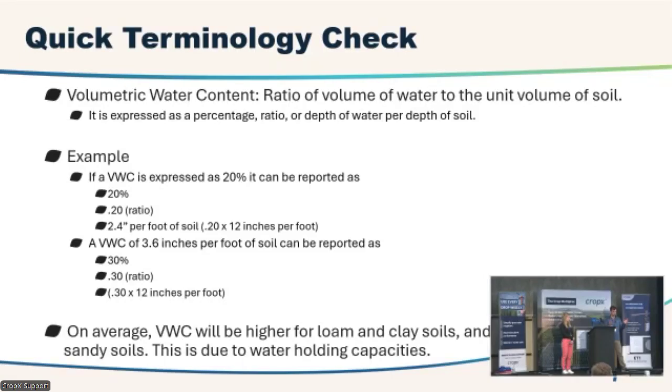All mean the same thing, because you're measuring what portion of that profile is water compared to the rest, which would be your soil, organic matter, mineral matter, and hopefully the rest of your pore space. Questions on volumetric water content?